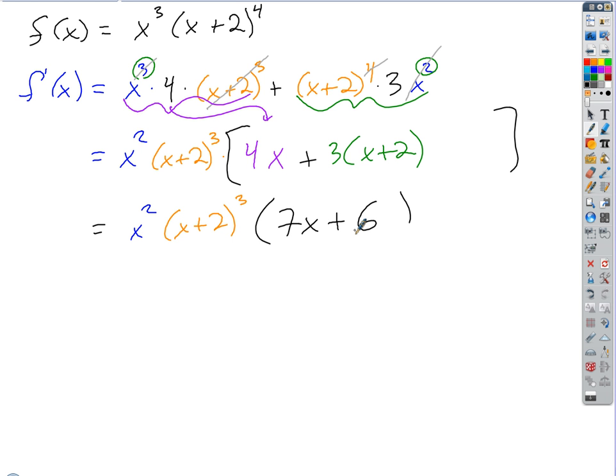Right, 0, -2, and -6/7 would be our 3 first derivative critical numbers that we could add to our table. If I set each factor equal to 0, we apply the zero product property: a product of factors equals 0 only when individual factors are 0, right?